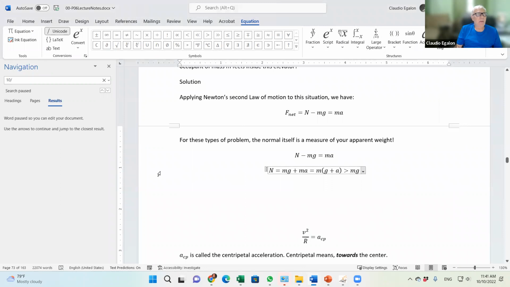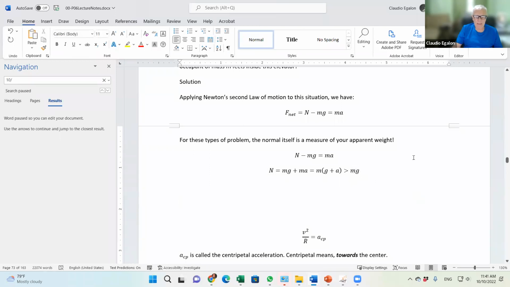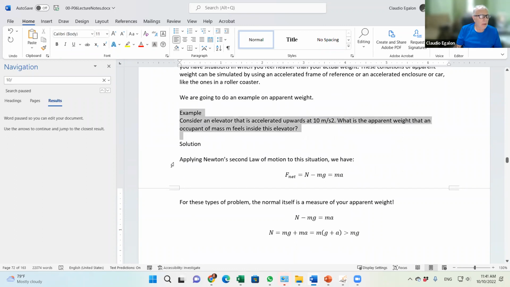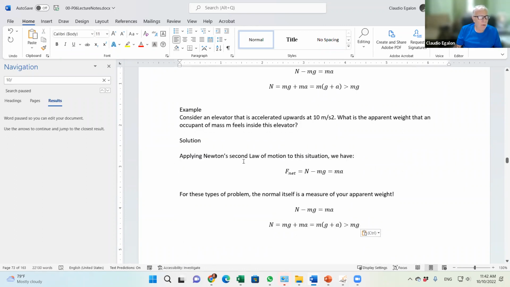In this specific situation, you feel heavier because your apparent weight, or the normal that's applied to you, is greater than your regular weight, than your regular mg. We can do the other case, in which the elevator is accelerated not upwards, but downwards. It's accelerated downwards.